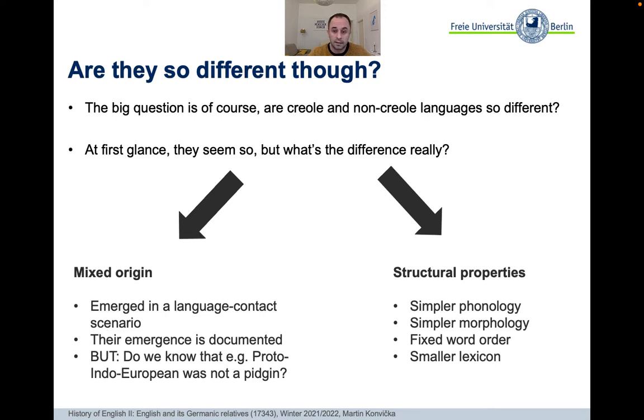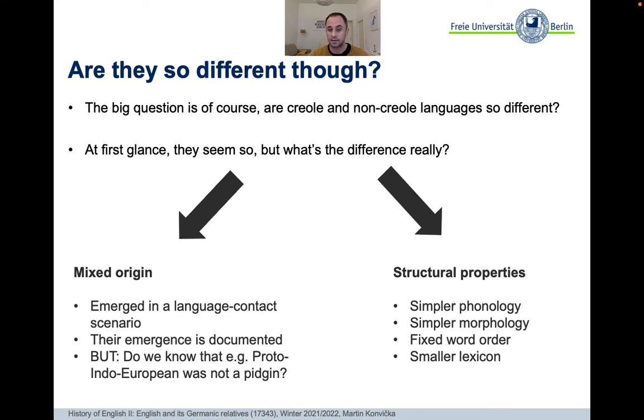For example, in a colonial setting, the colonizers and the colonized were obviously not discussing philosophy, but very simple commands. And that also means that the phonology, for example, or morphological structures of the pidgin languages, and later on also of the native Creole languages, are simpler.